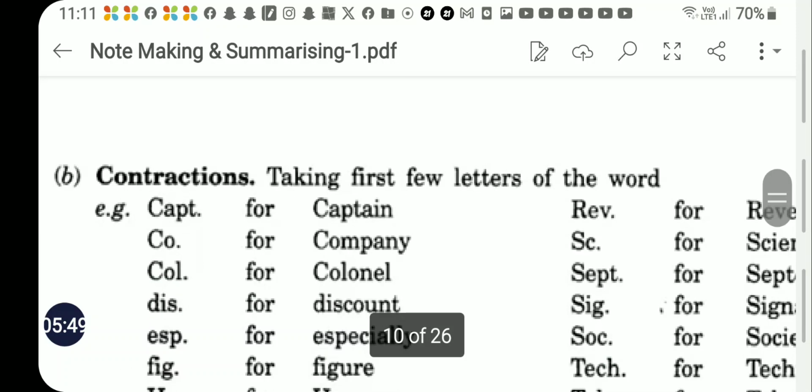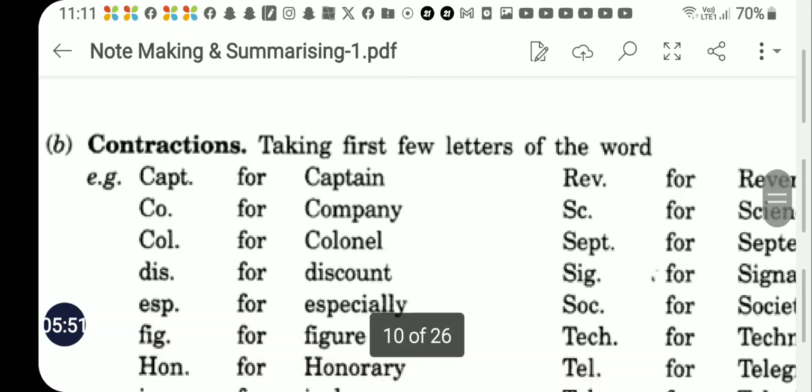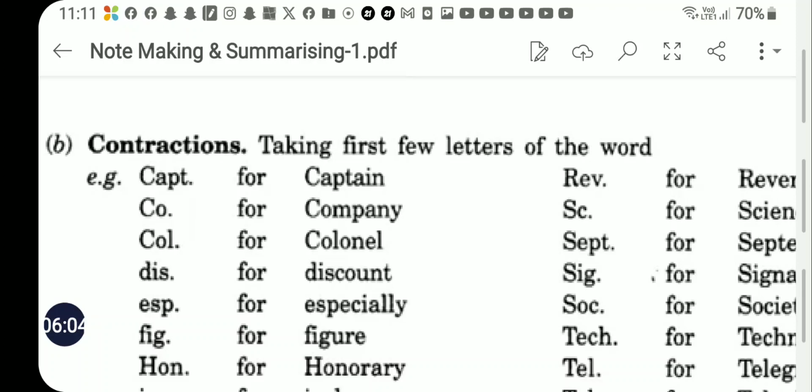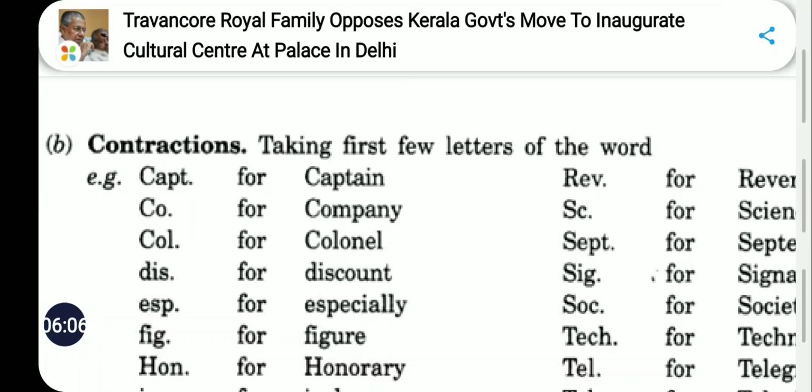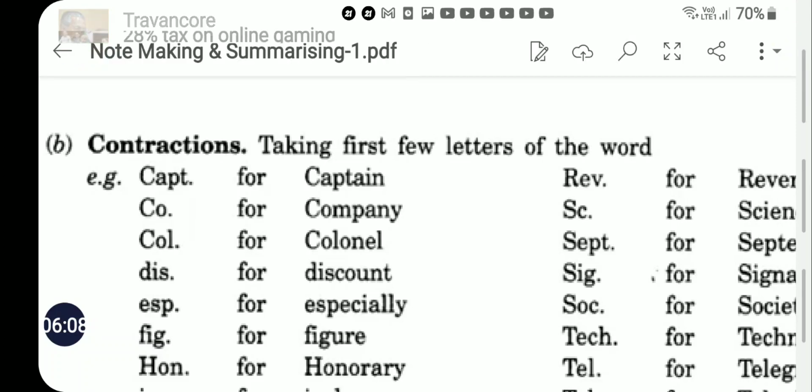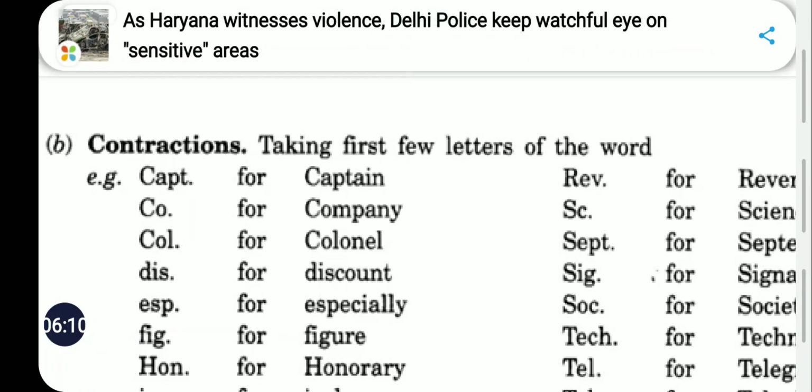Then we move on to contractions, that is, taking the first few letters of the word. Whenever we are taking the first few letters of the word, not the entire word, but a few letters of the word in order to denote the entire word, it is known as a contraction. That means you are contracting it.